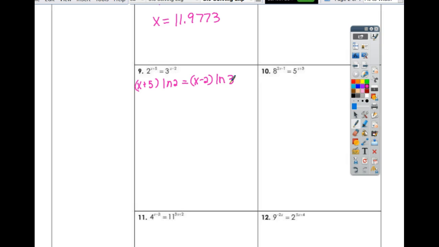I would distribute to get rid of the parentheses. So I'm going to do that, but it's ln of 2. So I'm going to take that times both things. So I'm going to have x times ln of 2 plus 5 ln of 2. I just multiplied. And I'm going to go ahead and multiply on the other side with the ln of 3 now.